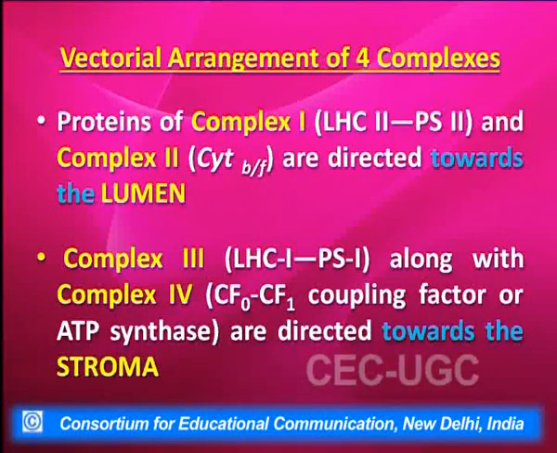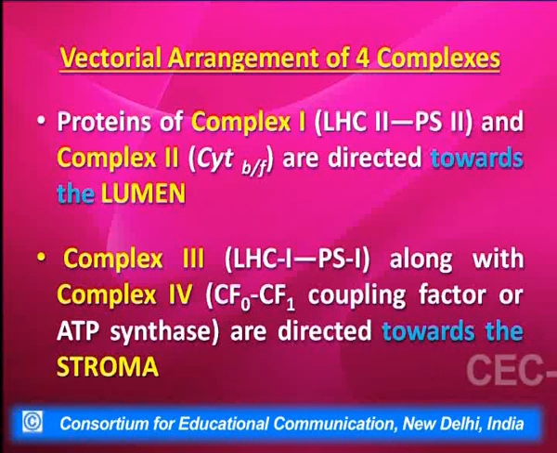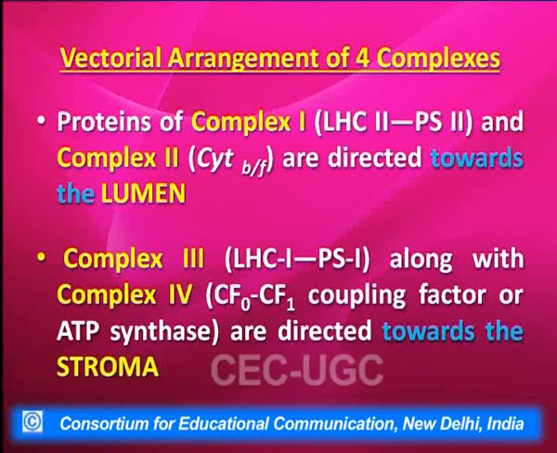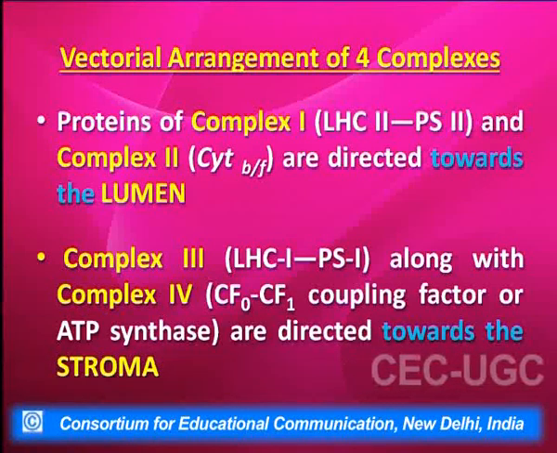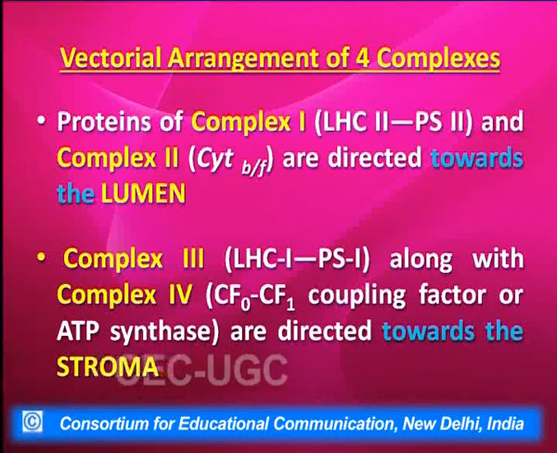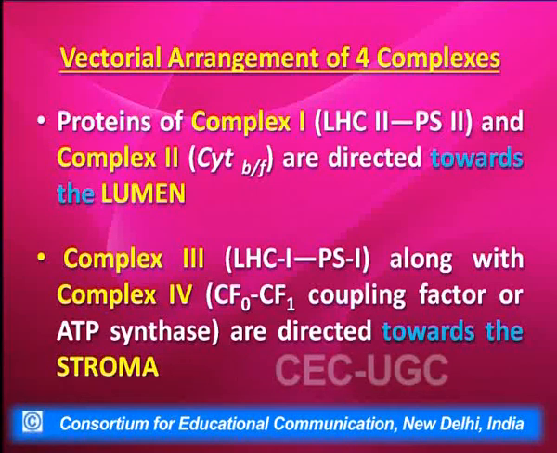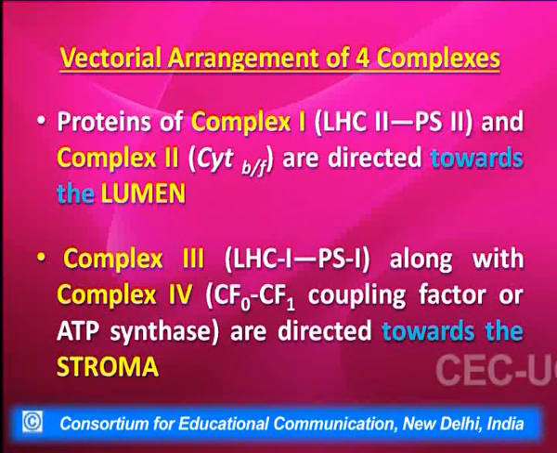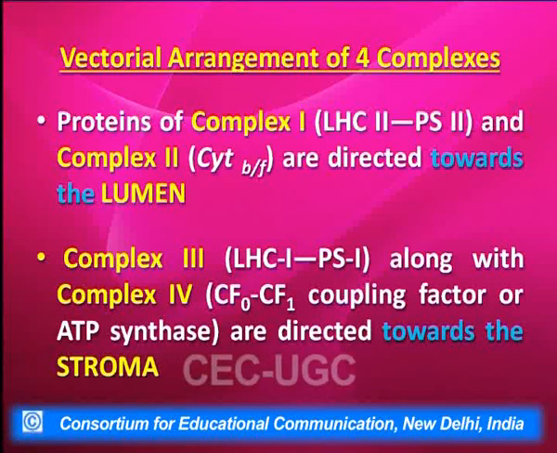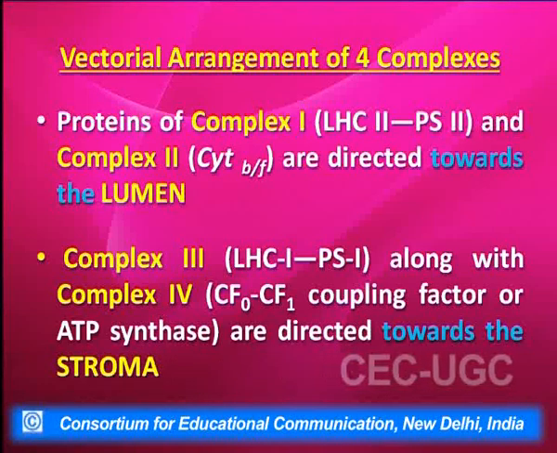In one of our earlier lectures, I had tried to make you appreciate that all these complexes which are present for the electron transport chain and the photophosphorylation for light reaction have a certain orientation. We have divided these complexes into 4, namely complex 1, the proteins which belong to the light harvesting center 2, that is of the photosystem 2.